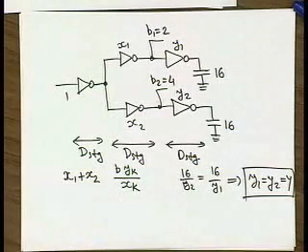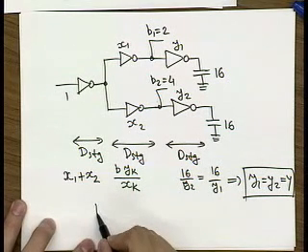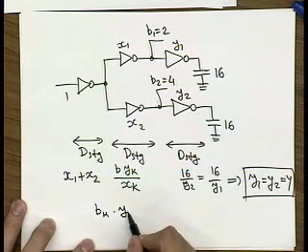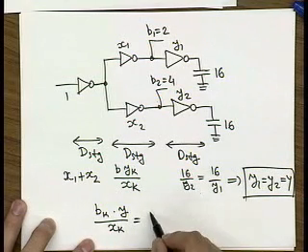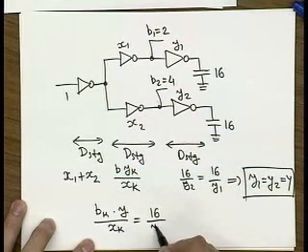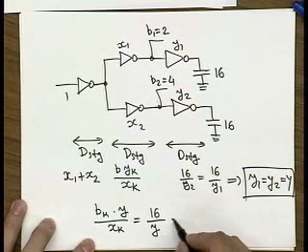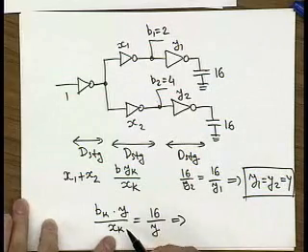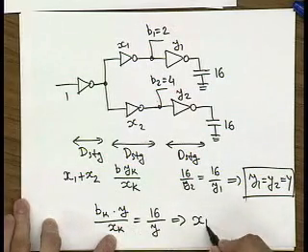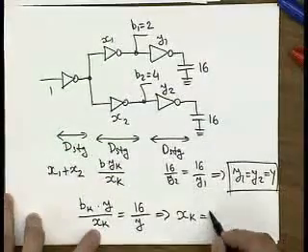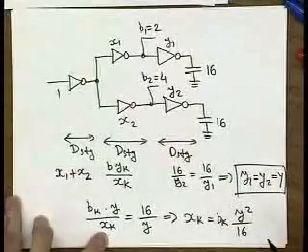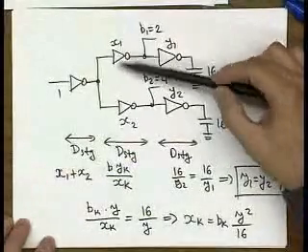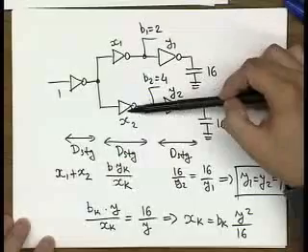Since your y's are the same, what you know is that bk times y over xk is equal to 16 over y. From here, you will be able to figure out your optimal xk. So xk is equal to bk y squared over 16. That will give you different x's over here, x1 and x2.